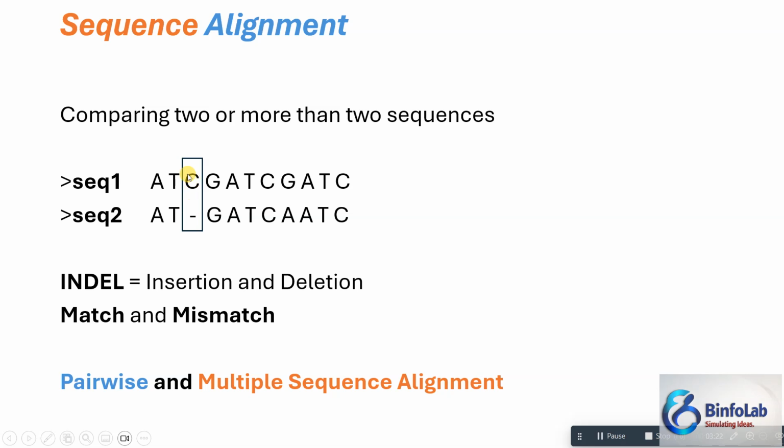In the same way, if I show you this alignment, some of you will answer that in sequence 2, deletion has taken place. You can see there should be a C, but there is no C character or nucleotide or base pair. So therefore it is deletion.